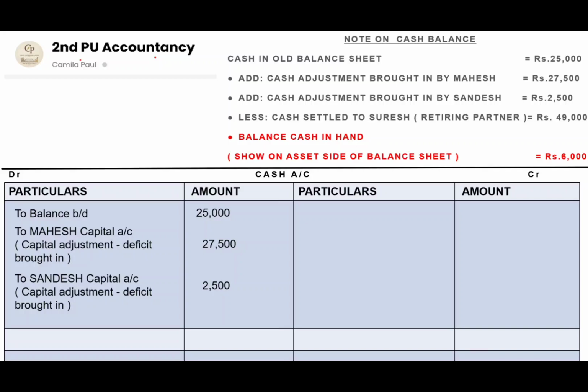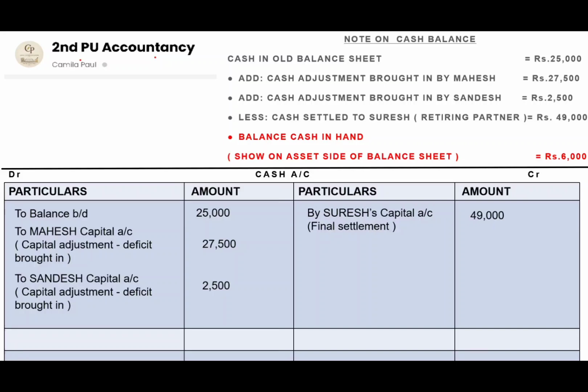Now here there is some cash that is being paid as a final settlement to the retiring partner. The retiring partner is paid rupees 49,000. So here the cash is going out. We will write it on the credit side as by Suresh's capital account, that is the final settlement, rupees 49,000.